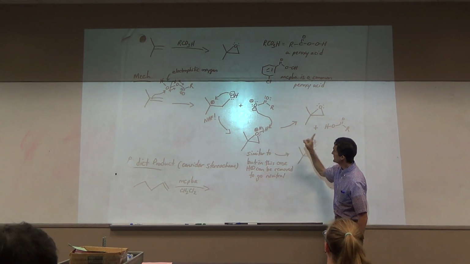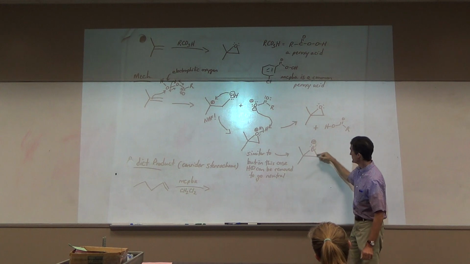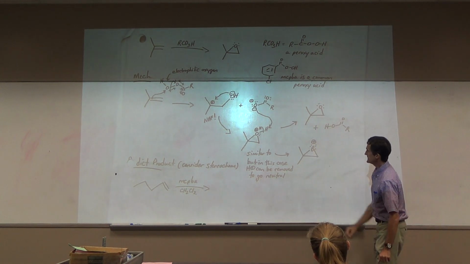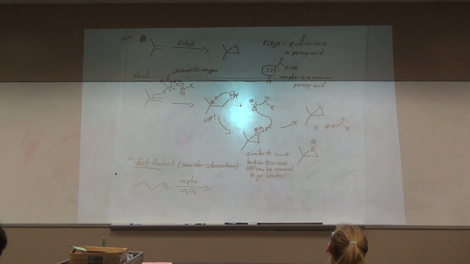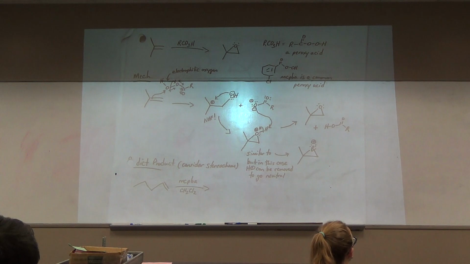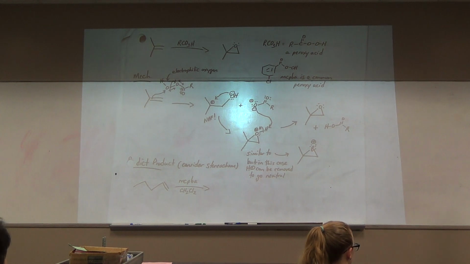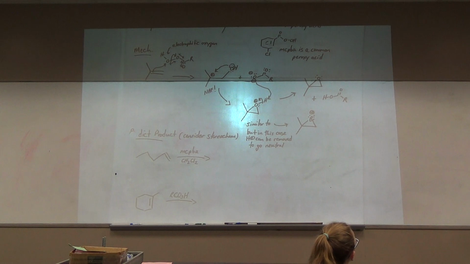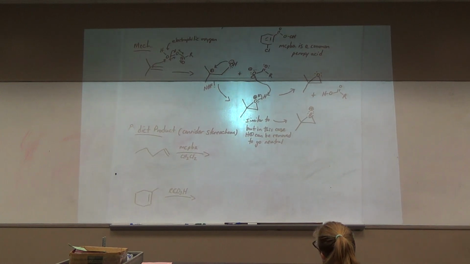First intermediate, and then we lose a proton, we can go neutral. Where here you cannot. These can be isolated. Epoxides tend to be reactive intermediates, although there's a couple of drugs out there that do have epoxides. Like maybe even an anti-cancer drug. The epoxide is fairly reactive.